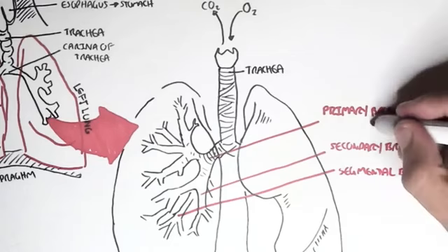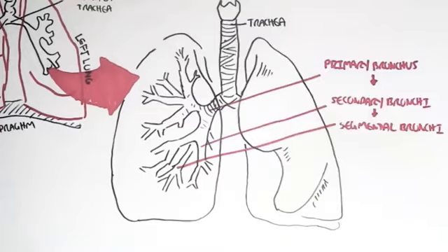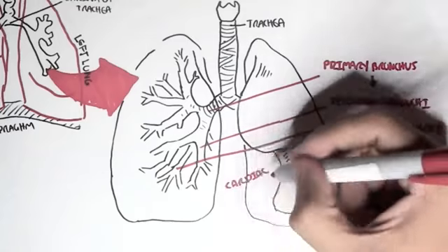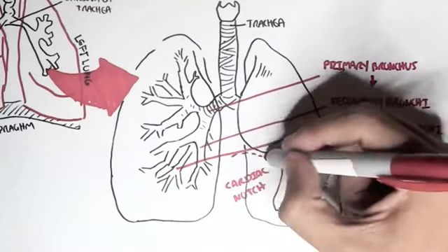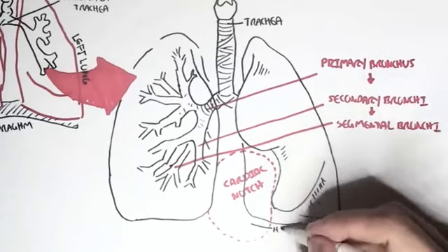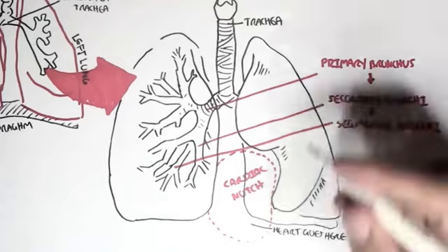Now, let's stop there for a second and look at this area here on the left lung. As you can see, the left lung has a bit of space here. The space is known as a cardiac notch. And if you know what cardiac means, it relates to the heart. And so this is actually where the heart is positioned in our body.